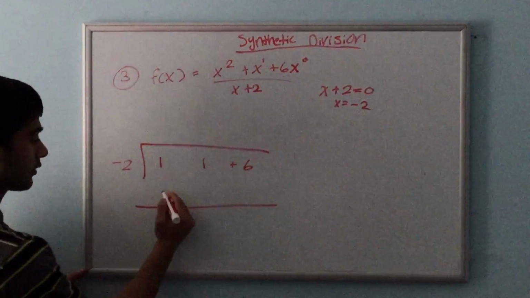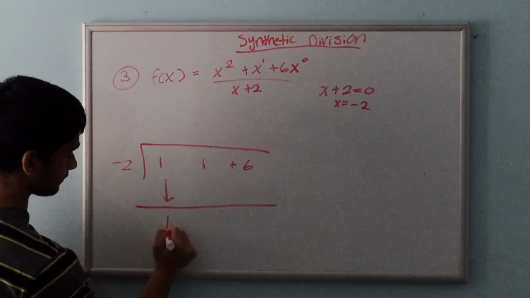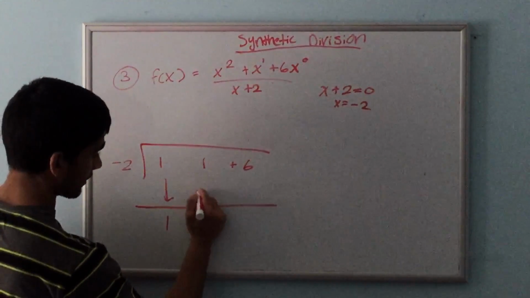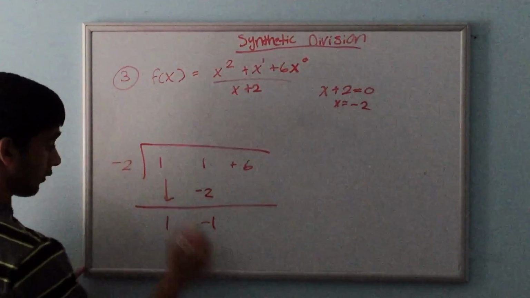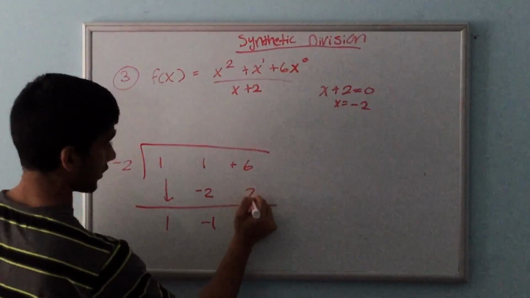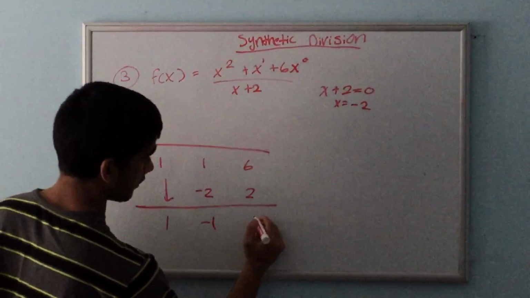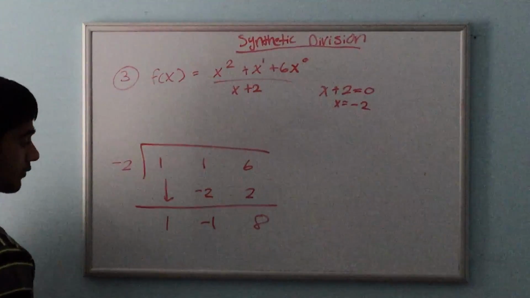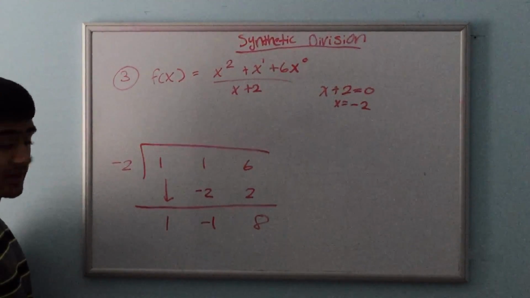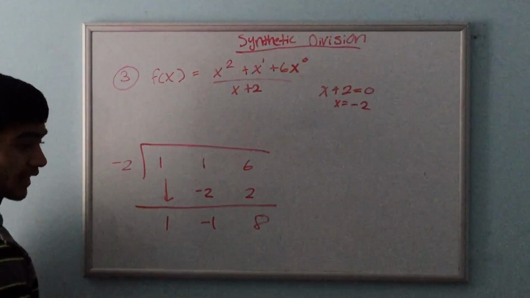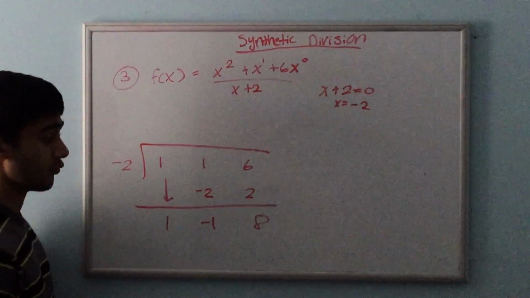Remember, bring down the 1, multiply, that gives us -2 over here, add down, we get -1, multiply, we get 2 over here, add down, get 8. Remember, x squared divided by x is x, so our highest power here is x, that means this coefficient goes with x, this coefficient goes with x to the 0th power, and 8 is the remainder.